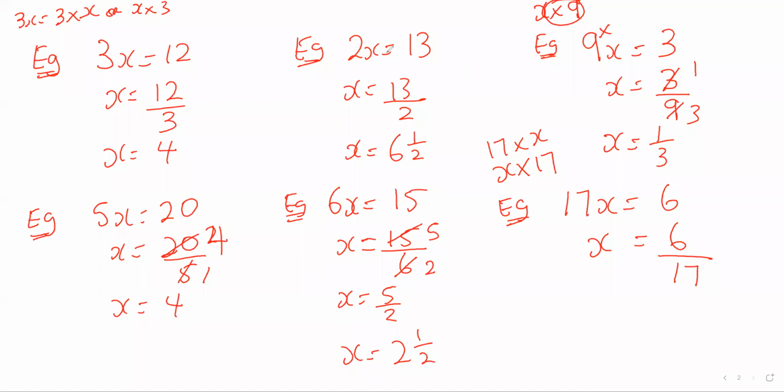Just like how we used laws of directed numbers when solving equations involving signs with the addition and subtraction laws, now we're going to recall the division and multiplication laws of directed numbers when solving equations of this type. So when we did directed numbers, we did the following laws.